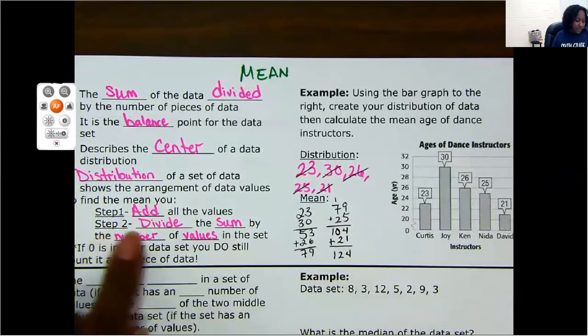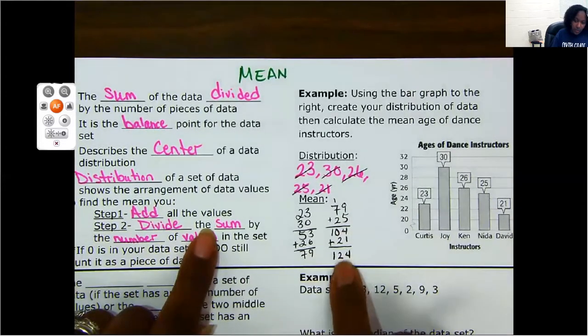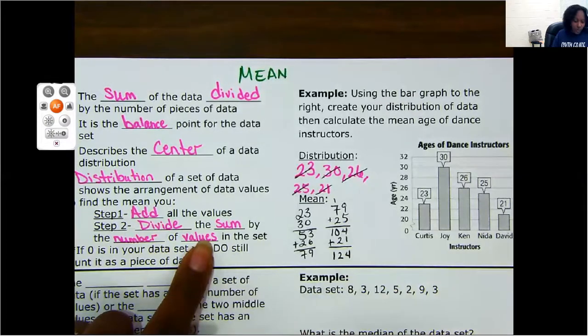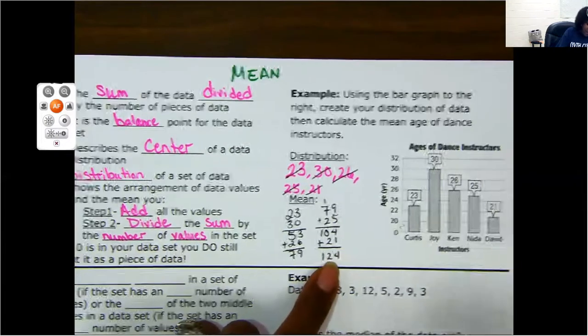Now, step 2 says to divide the sum, our sum is 124, by the number of values. We had 5 of those. So I need to divide my total by 5.